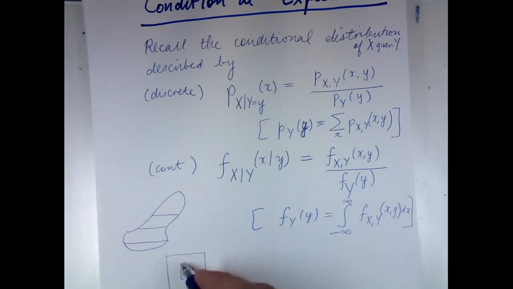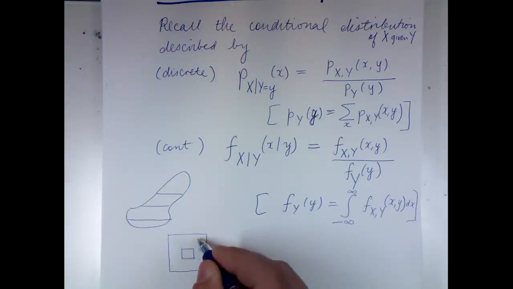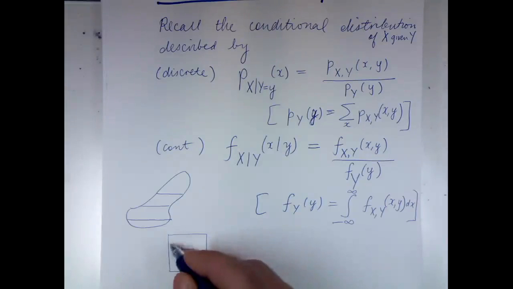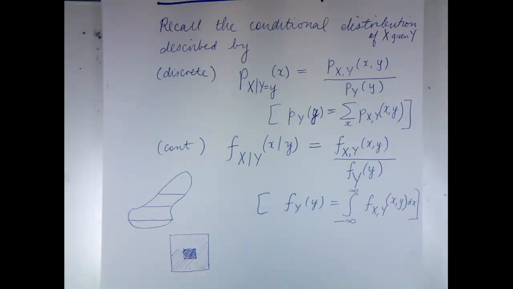Just imagine a density that was, let's say these are squares, and I have some lower density here, just constant, and then I have a jump to a much higher density here. It doesn't actually matter what it is, so long as that's your joint density function.